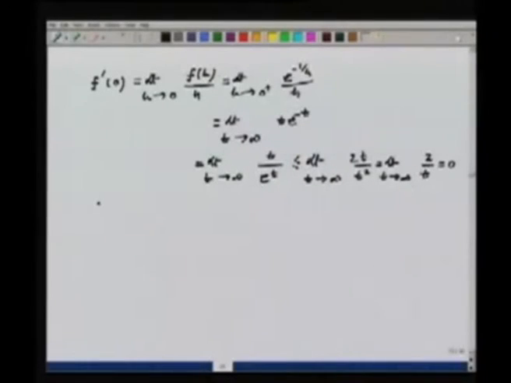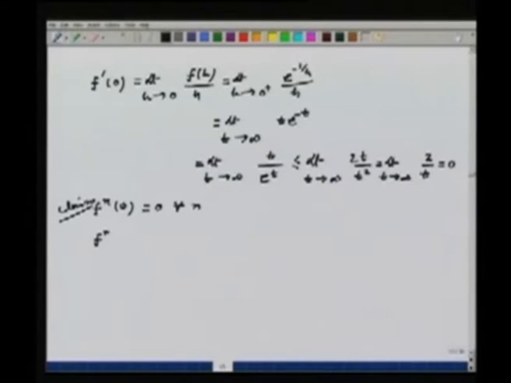So now I want to prove that f^(n)(0) is equal to 0 for all n. This is my claim. I will try to prove it by induction, and for that obviously I need the expressions of f^(n) if x is bigger than 0.